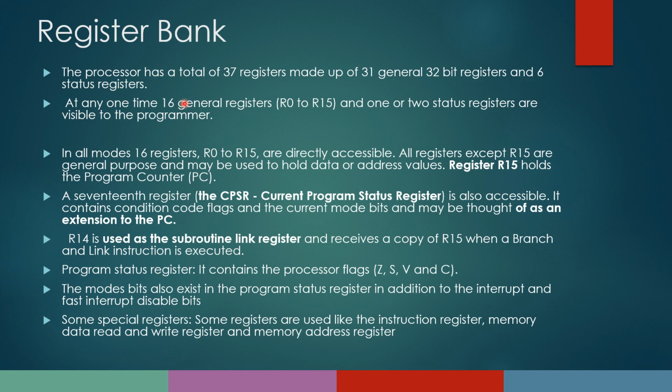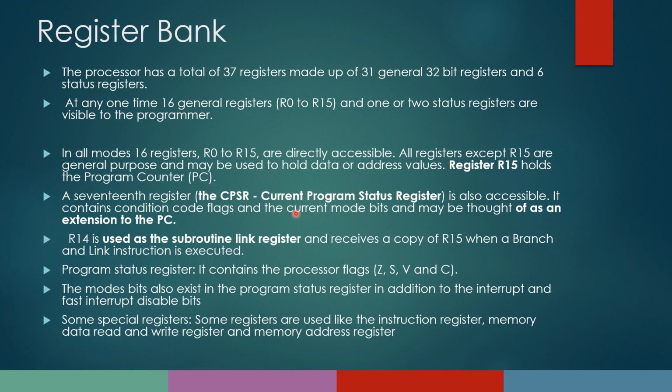At any particular time, a total of 16 general registers and 1 or 2 status registers will be visible to a programmer. In all of the modes, the 16 registers, R0 to R15, are directly accessible. Register R15 holds the program counter.